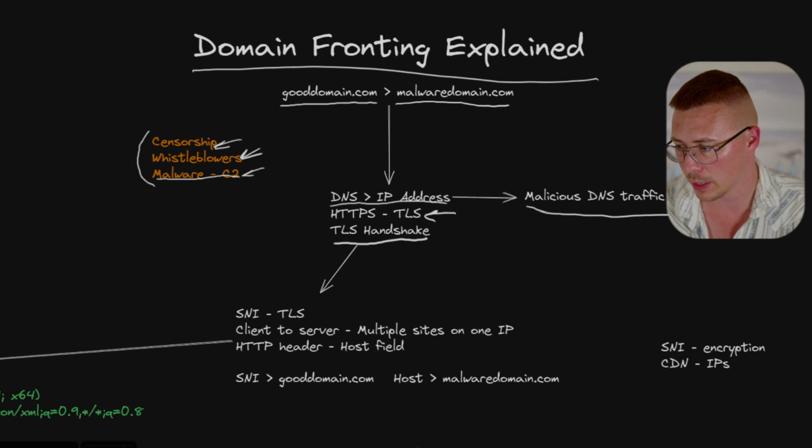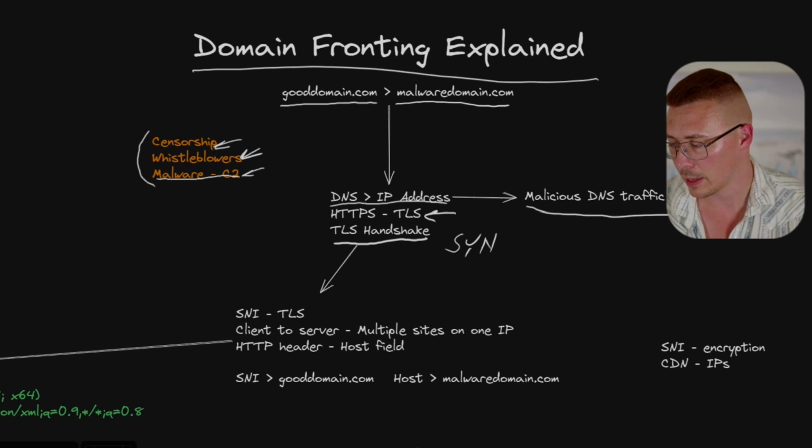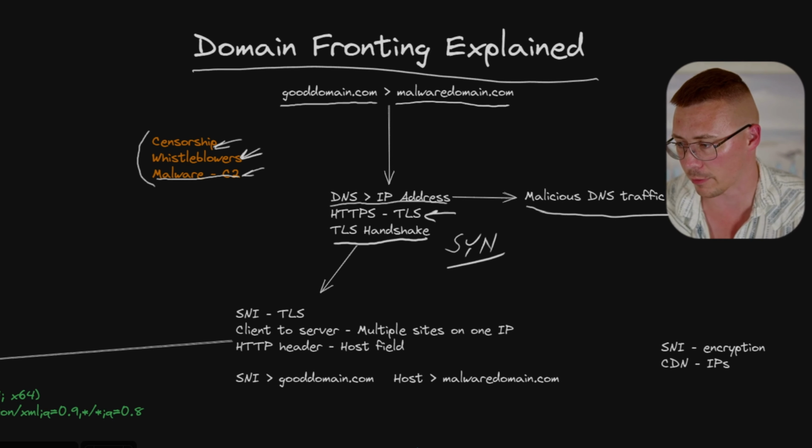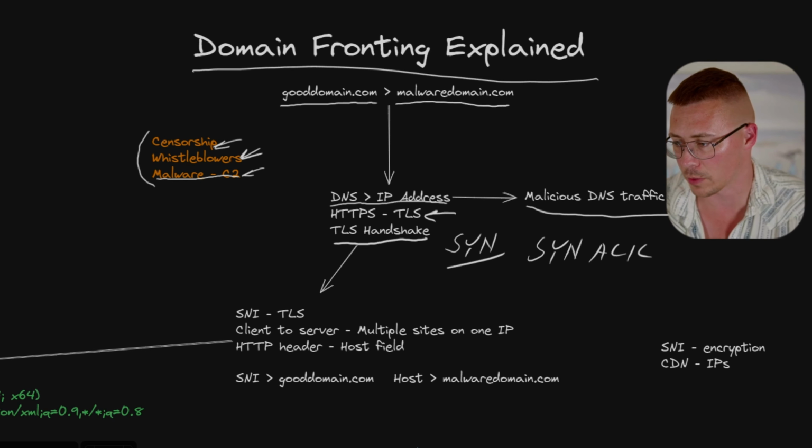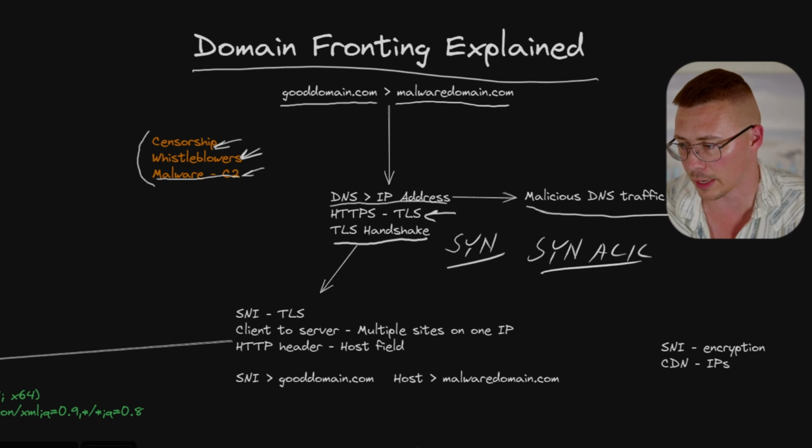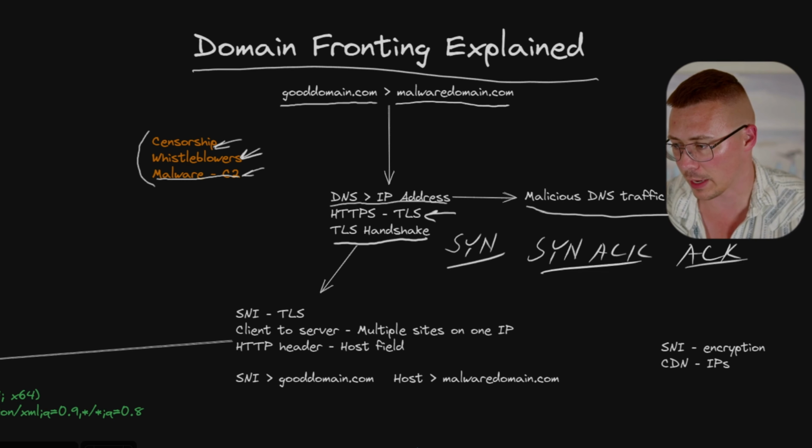Just to give you a very brief explanation of how a three-way handshake works, you have the client computer sending the synchronize packet to the server. The server sends a synchronize acknowledge packet back to the client, and then the client sends the acknowledge packet, and you then have a connection established between the client and the server.